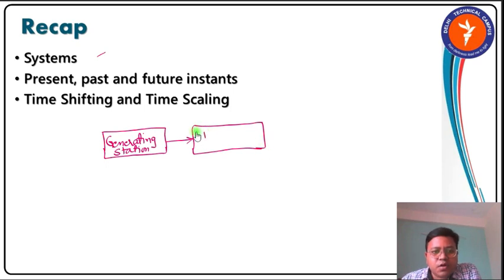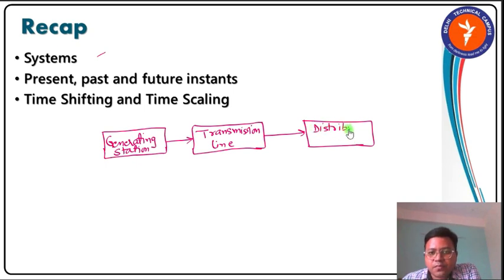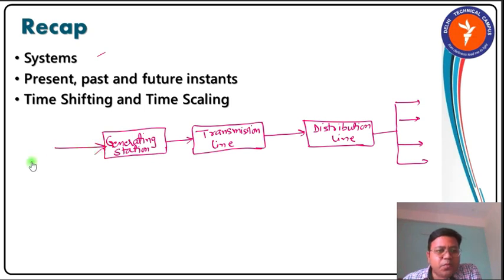transmitting station or transmission lines. The output of this transmission line is fed to the distribution lines. And further, the output of the distribution line is fed to the various localities in an area. So we are inputting coal, or a certain amount of energy.